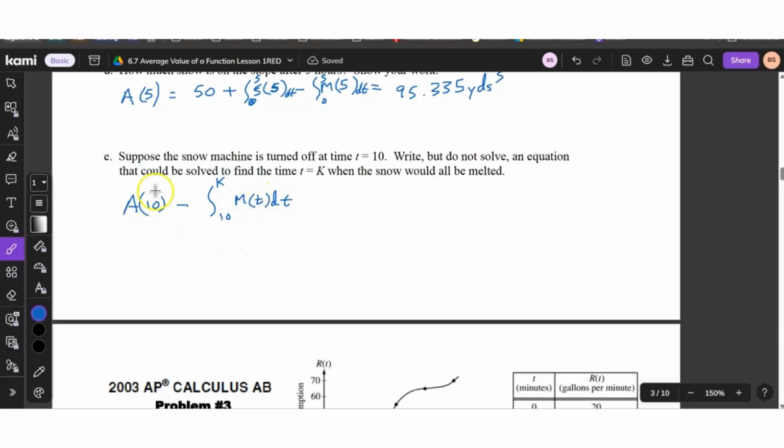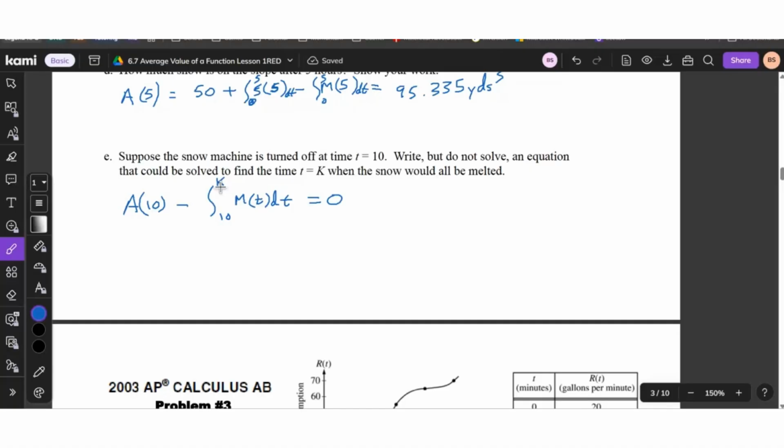So A of 10, equals 0, yes, because we want it to be equal to 0. A of 10 is the total amount of snow there after 10 hours. Then we need to subtract the amount that melted from 10 hours to k hours, because we don't know how many hours it's going to take, but that's the only thing happening.